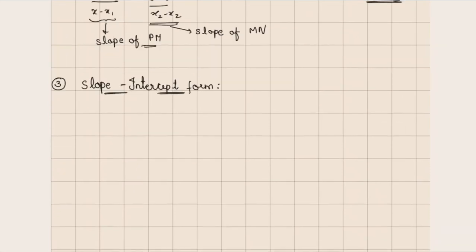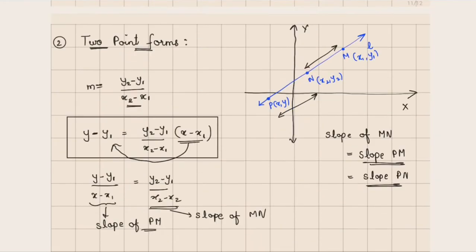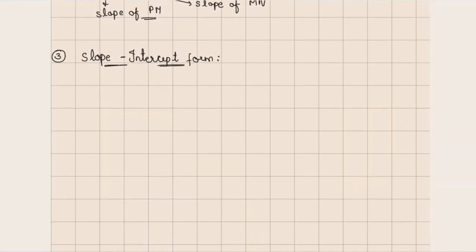It is also similar to the point slope form, because the slope is given, and the intercept is nothing but a point. If you don't know what is intercept, let's see. Let's take a random line L. It intersects the x-axis and the y-axis at 2 points.